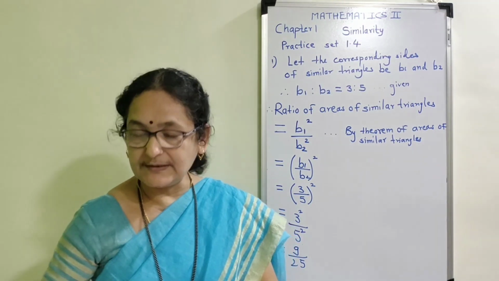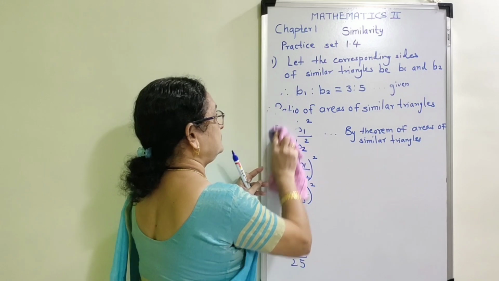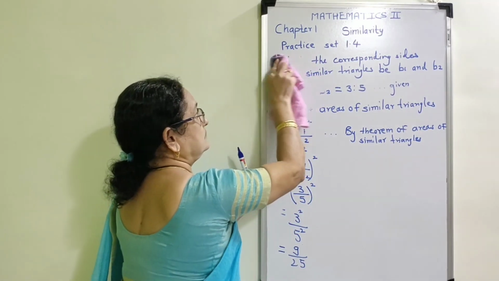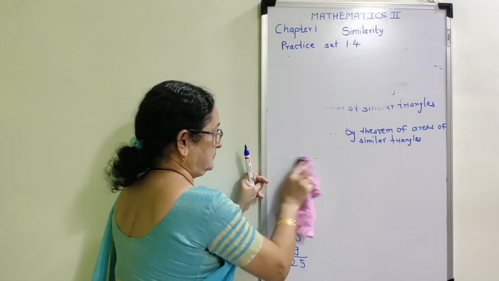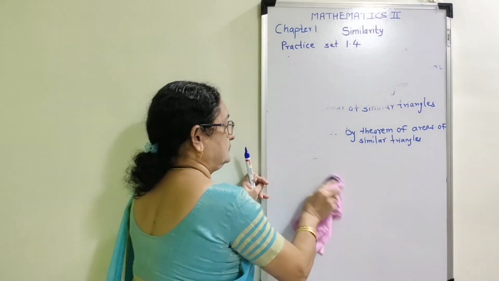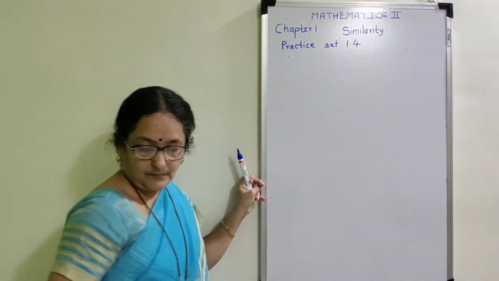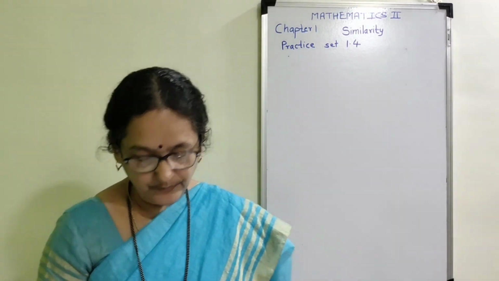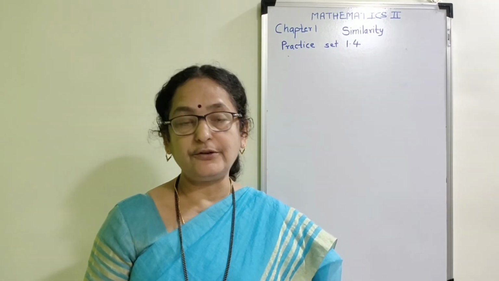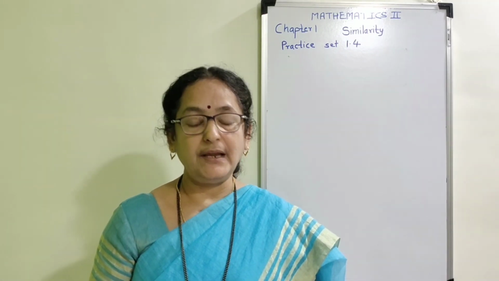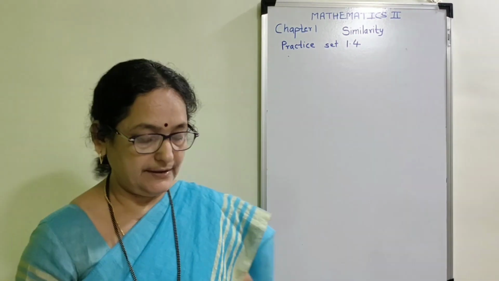Now we are going to consider the second example. Now read the second example. It is a small activity. If triangle ABC is similar to triangle PQR and AB is to PQ is equal to 2:3, then fill in the blanks.